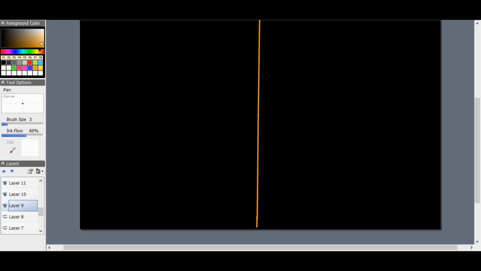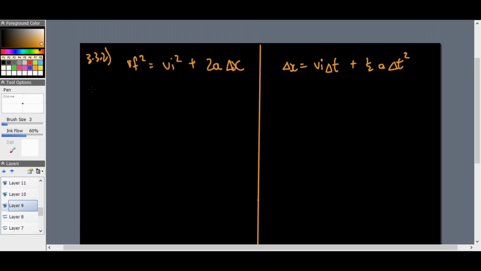Right, cool. Let's do the left hand side first. So VF squared, we've got 8 squared is going to equal 67 all squared plus 2 times negative 1,97. Remember, not just 1,97. We got a negative answer, delta X. Right, so that's 64.